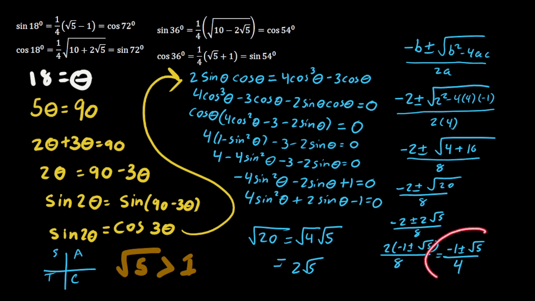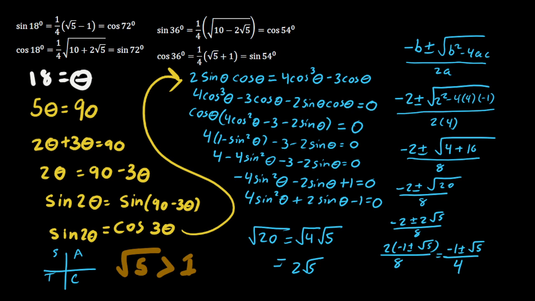And we know that root 5 is greater than 1. So if this is a plus, then it will be positive, but if the operator is negative, it will be negative. We know that it can't be negative, it has to be positive.